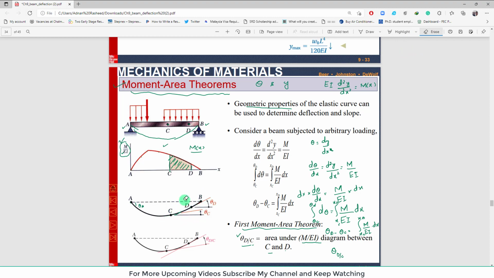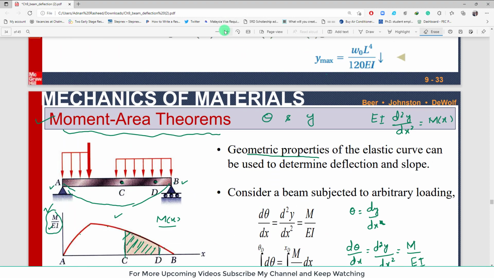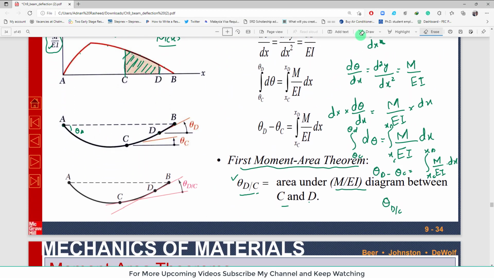I will zoom it so that you can easily understand. Okay, so you can see this is point C, and if you draw a slope, this will be the slope. And from here to this point, if you draw a line, that is for maximum deflection. So theta c will be equal to this. And if you draw a line tangent to point C and there will be a horizontal line, this will be theta d.